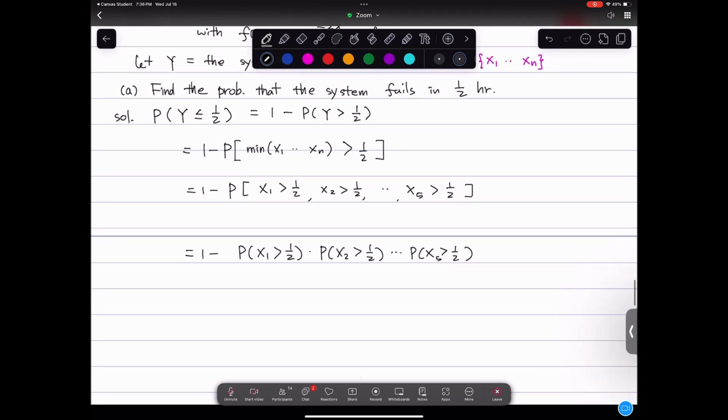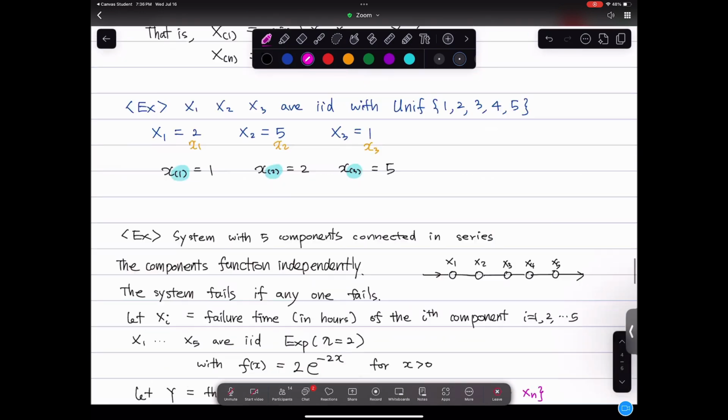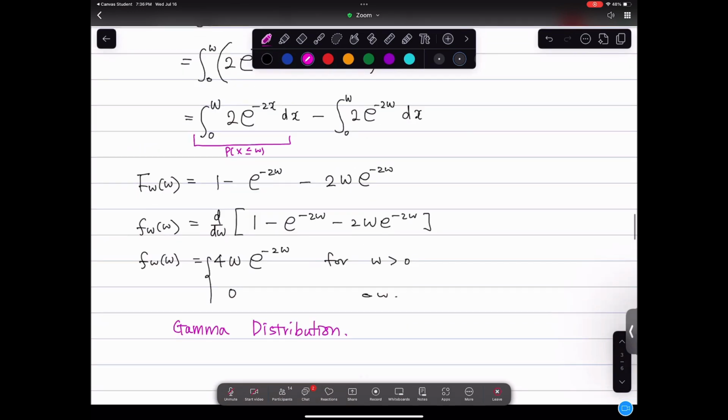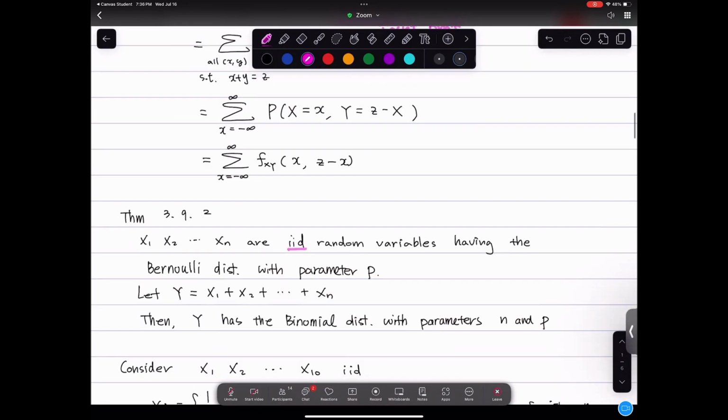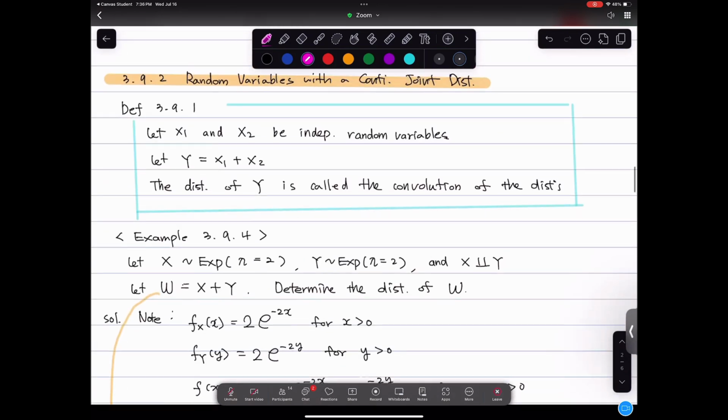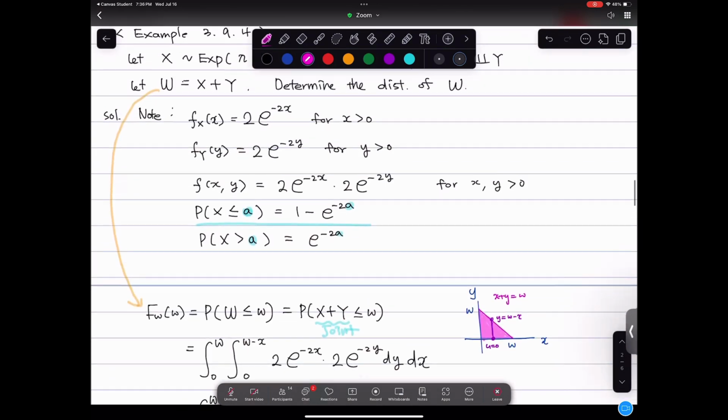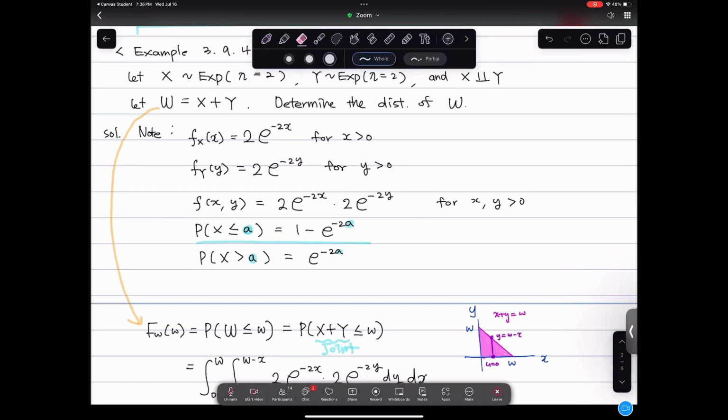So now I'm ready. Every single one of them has the same expression. Remember, again, this is an exponential distribution, X greater than 1/2. Let me remind you again, when I see the exponential distribution, where was it? Exponential, right here. So your X is greater than something.